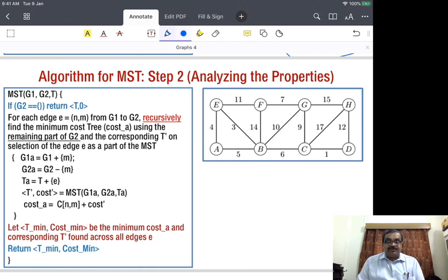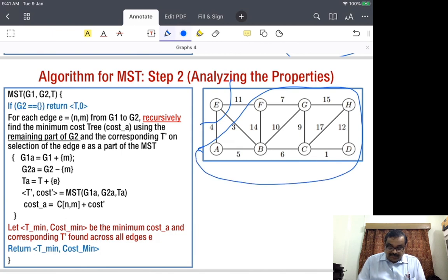The first observation is as follows. Suppose we have started from here. This is G1 and this is G2. Then there are three edges coming out: edge cost 4, edge cost 3 and edge cost 11. They are going to three different nodes.